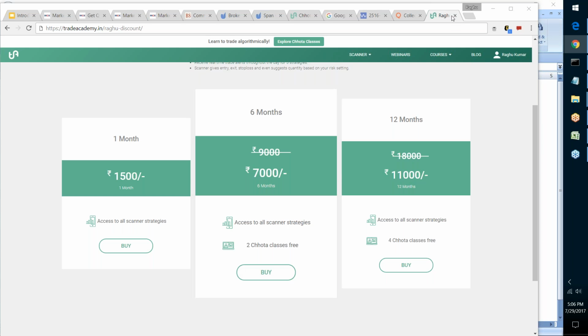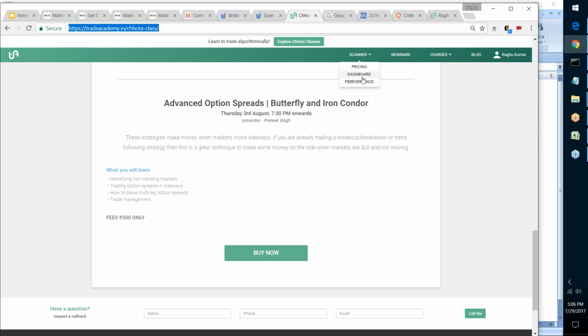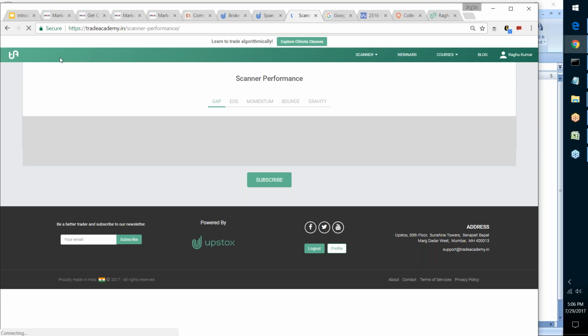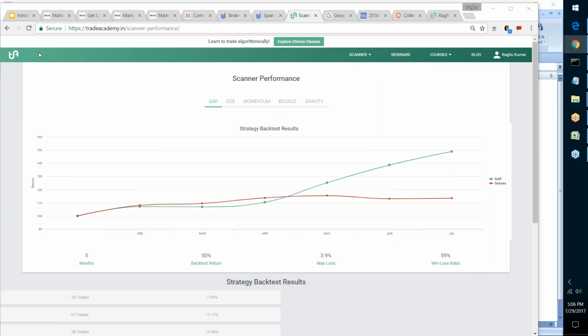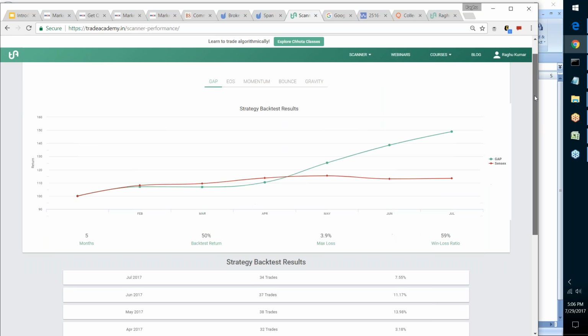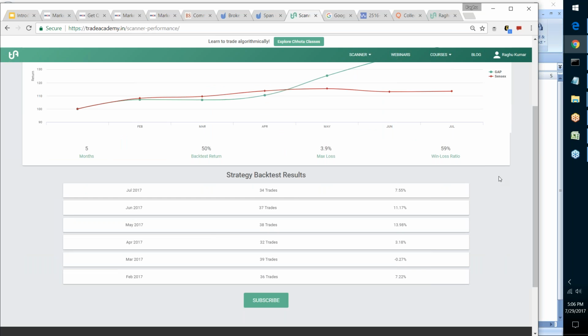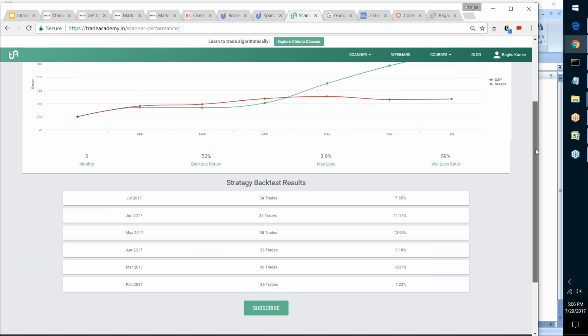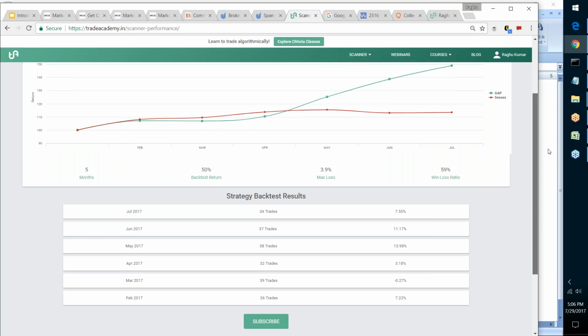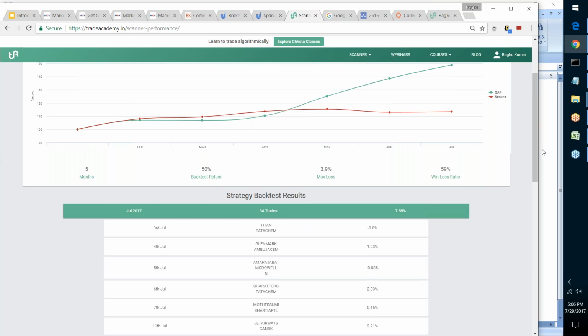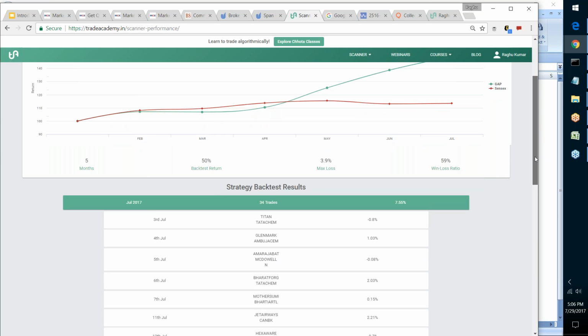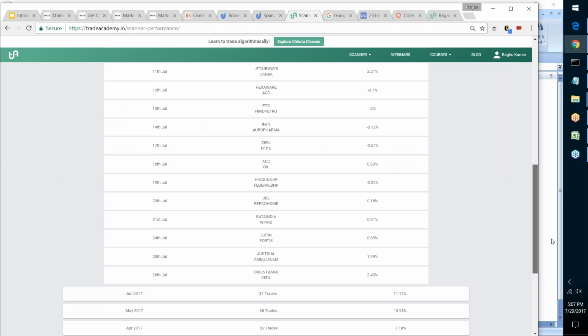And the performance, guys, so a couple of you asked for the performance of Scanner. It's performing very, very well, actually. It's performing better than I expected. In July, gap up has returned 7.5%. This is all unleveraged.